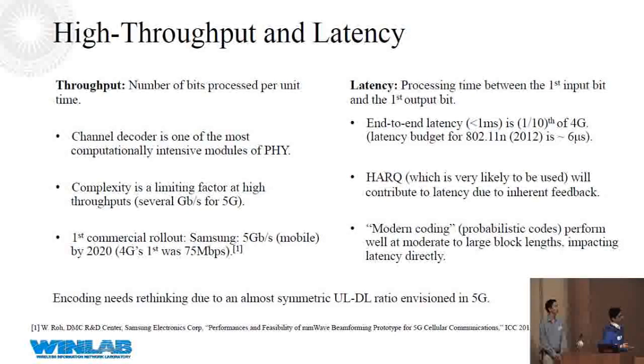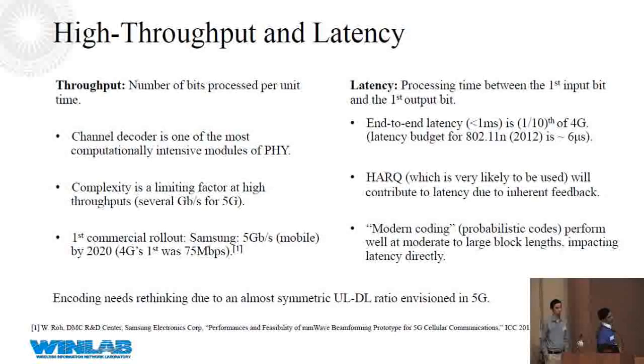Now, the two major contributors to latency in 5G, what we think are going to play a major role. The first one is hybrid ARQ. Brennan will shortly discuss what HARQ is, but it's basically a combination of channel coding and ARQ. Because of its inherent feedback, HARQ will add to the latency.